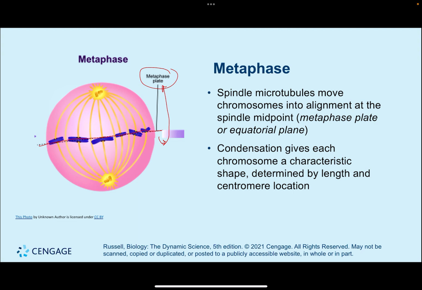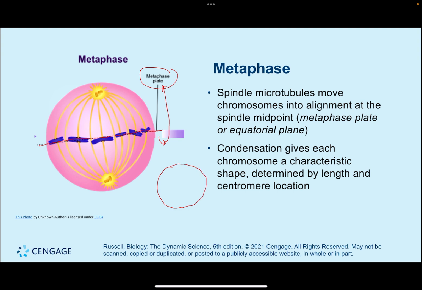The chromatids in each chromosome separate from each other except at the centromere. The arms of the chromatids may slightly separate, but they remain joined at the centromere, the central point where they are connected. So let me draw what I just described.